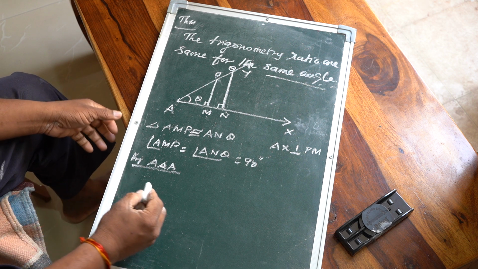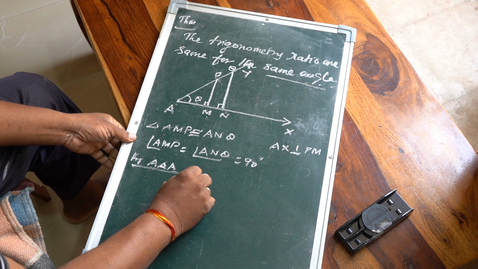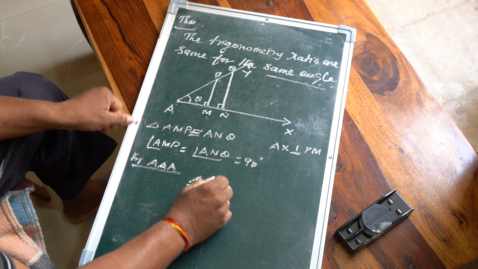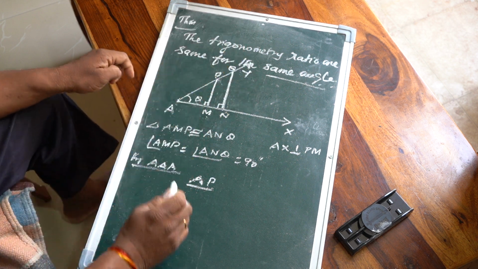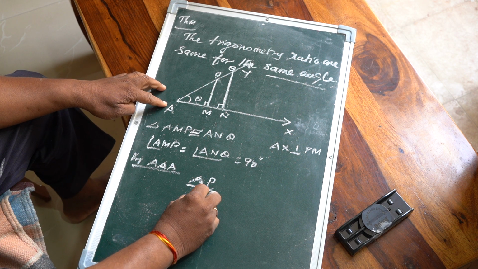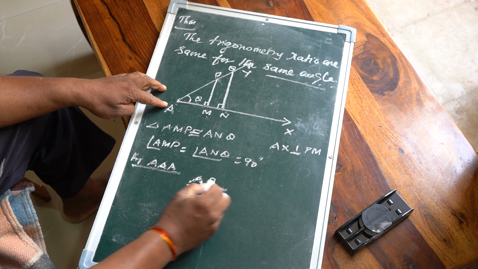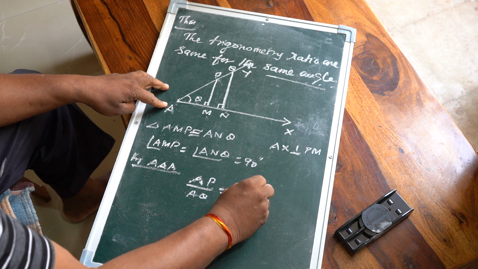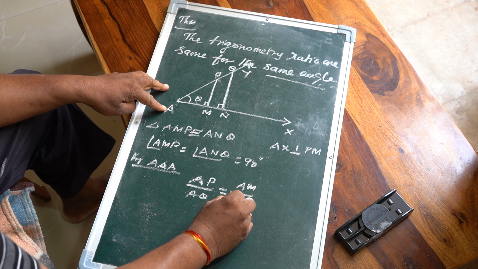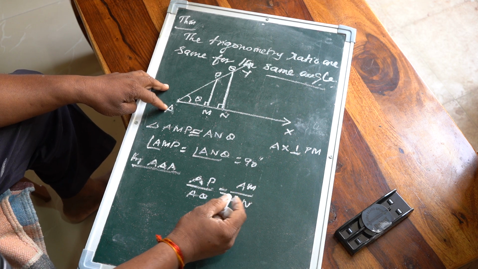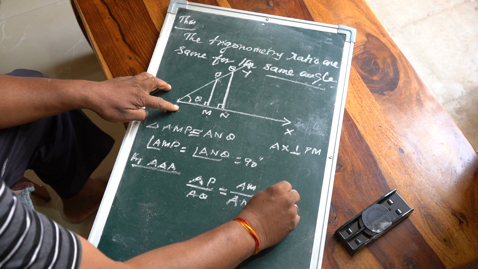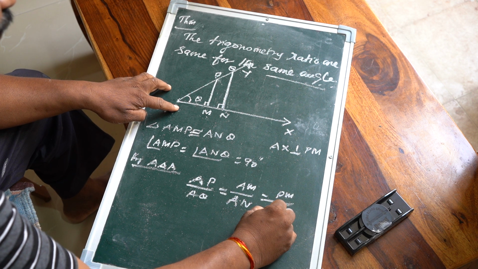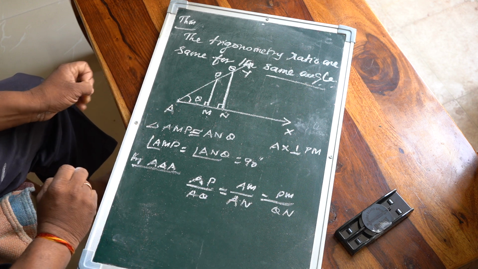So we can write AP divided by AQ equals AM divided by AN equals PM divided by QN, right?